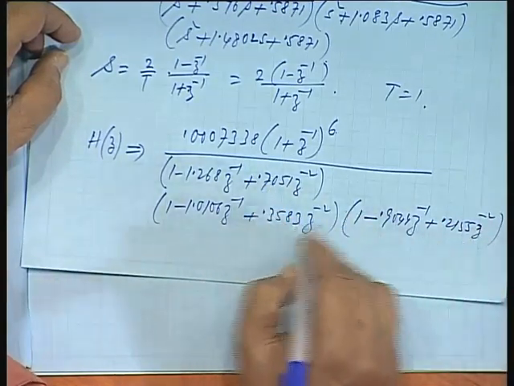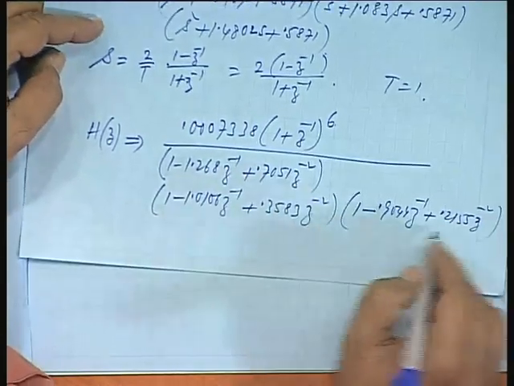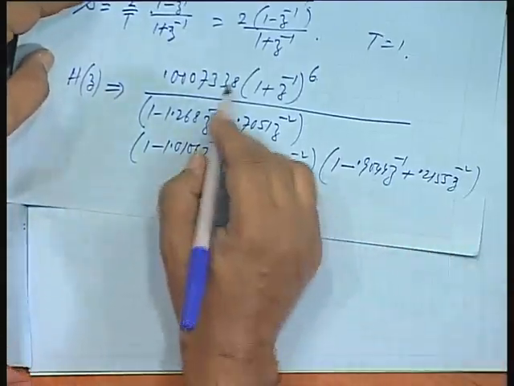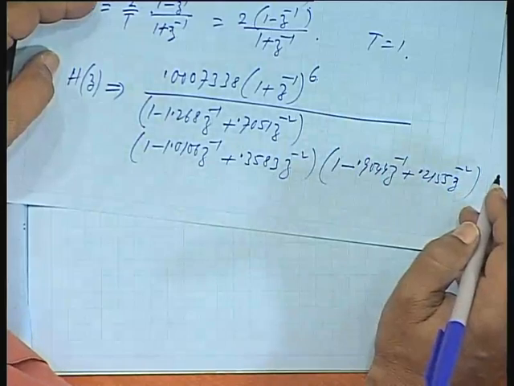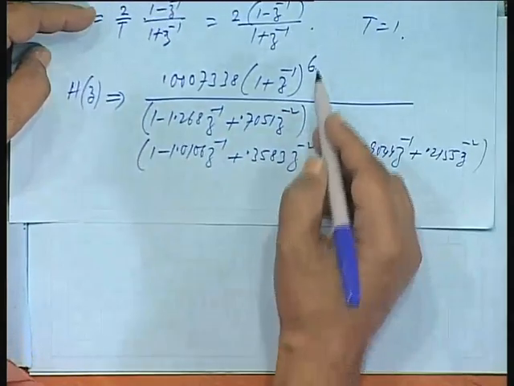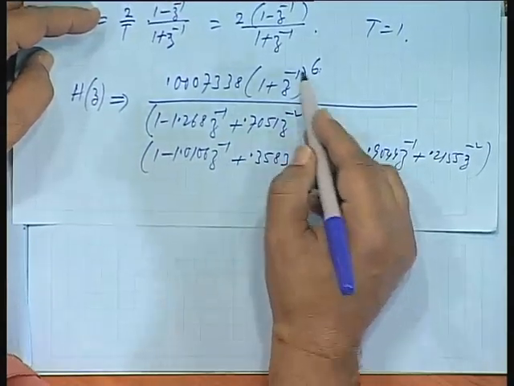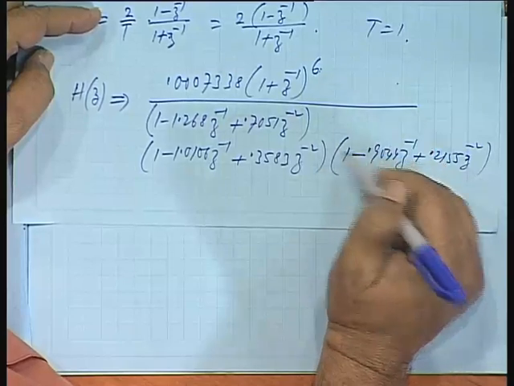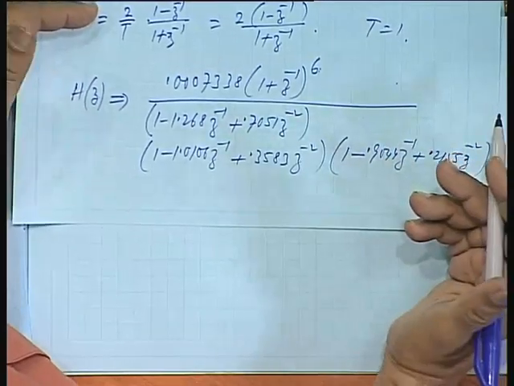So, you get 3 quadratics in Z to the power minus 1, and (1 plus Z to the power minus 1) to the power 6 in the numerator. So, the order is 6 in the numerator, 6 in the denominator.